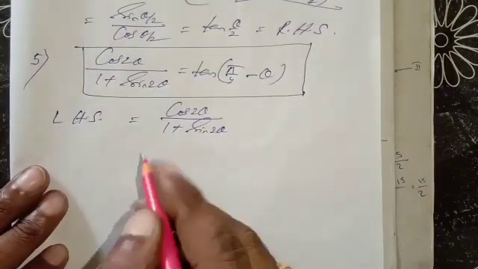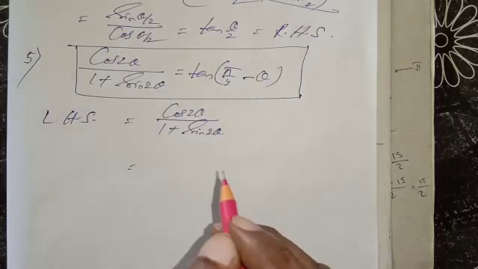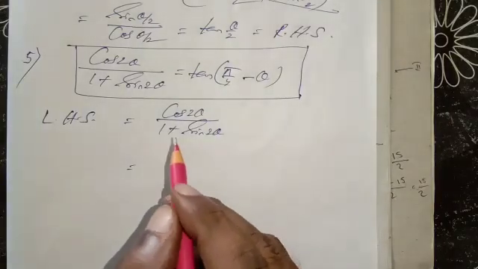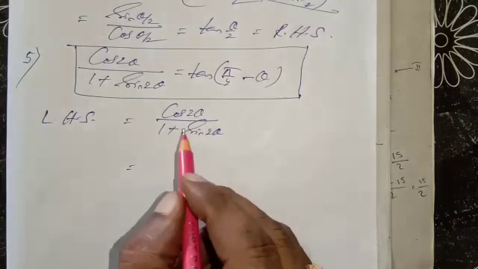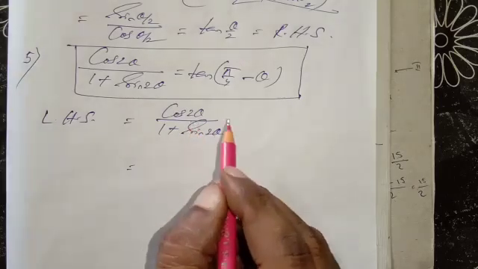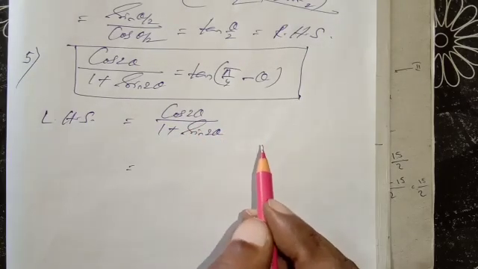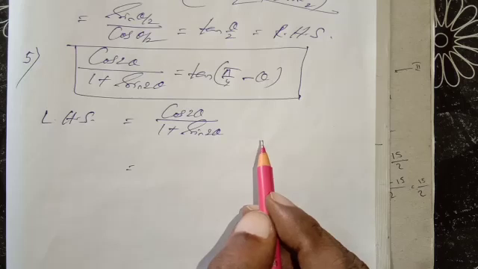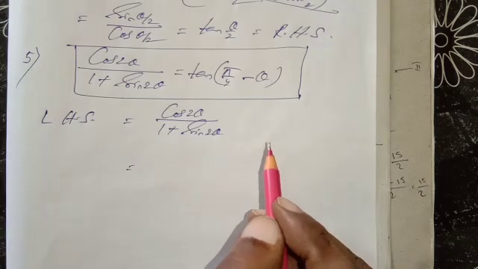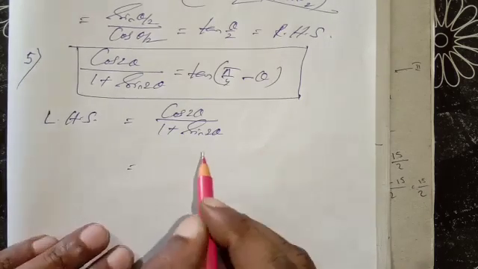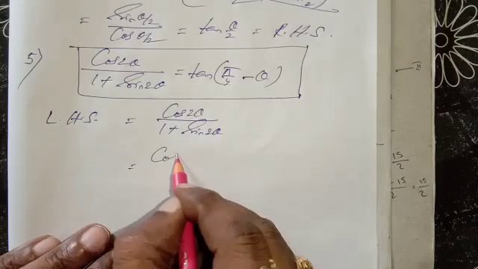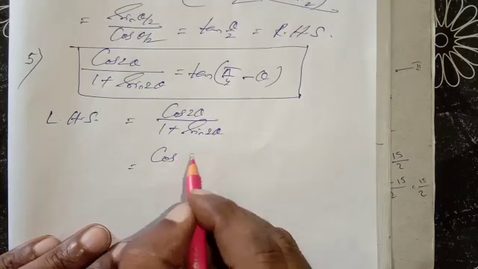Now you apply the cos 2 theta formula, that is cos square theta minus sin square theta. Cos square theta minus sin square theta, I can break here.